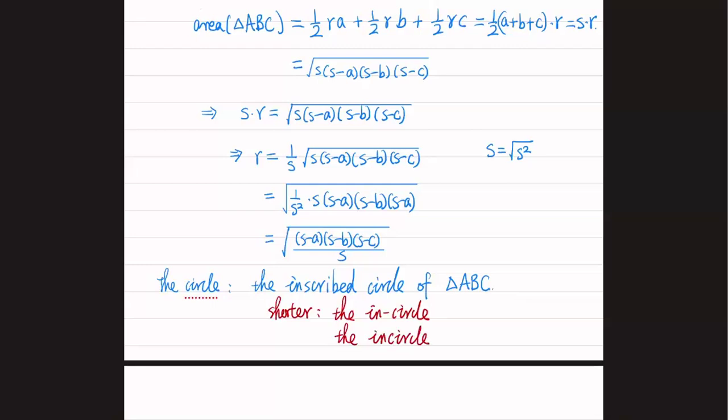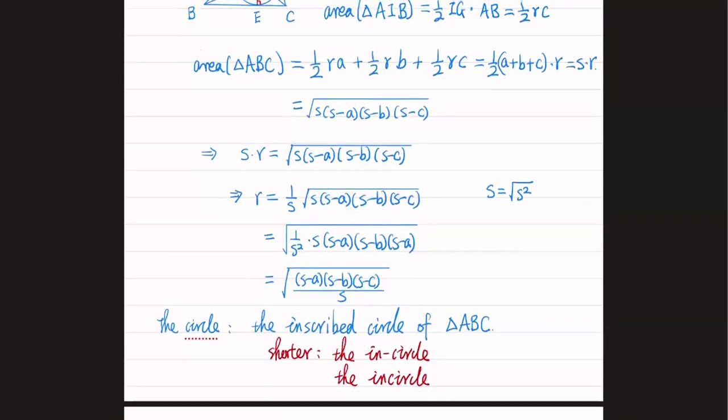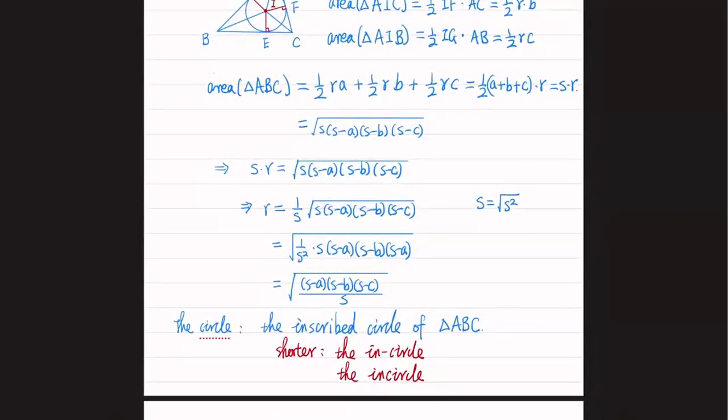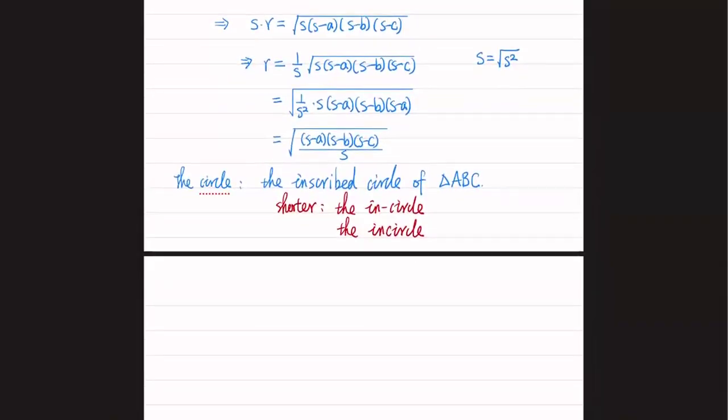Okay, so you know what this means? When you say incircle, the new word is actually a short word for the inscribed circle: a circle inside the triangle that is tangent to all three sides. Because of this, the radius of the inscribed circle we also call the inradius.